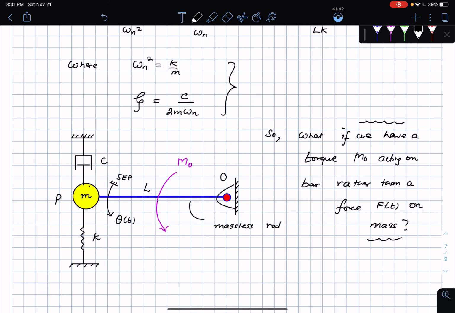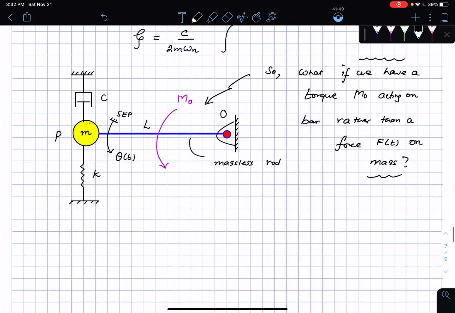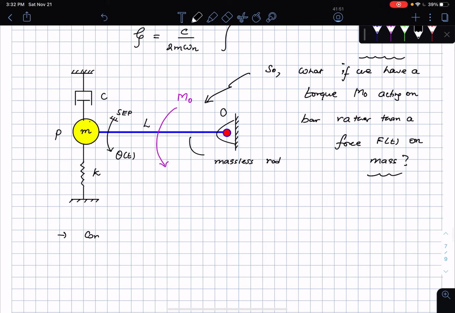This is the basic question that we are going to be answering. And here is the torque that is acting. So this is a system once again taken from SEP. From SEP, this is still a vertical mass system. Fs and Fd remain the same as before.